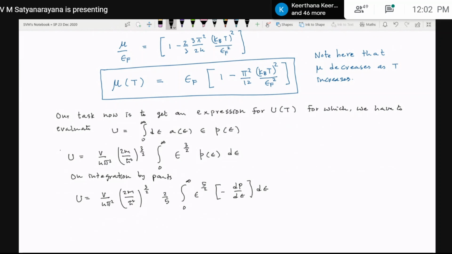So what do I do in my expansion? I now expand epsilon to the power 5 by 2 around mu.